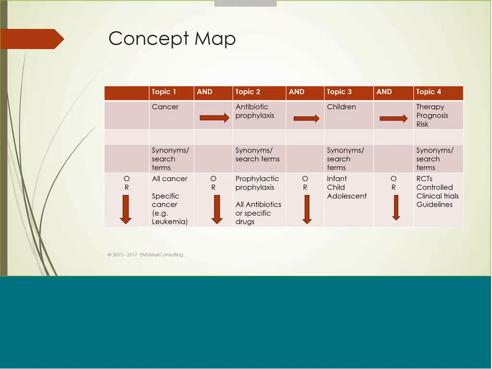So going back to that clinical scenario, research scenario that we had at the beginning, what are the main topics of concern that must be discussed in the article? And below that, you would list, for example, here under synonyms and research terms, any of the additional terms that you feel would be useful to include in your search. And it's basically planning an outline of your search.